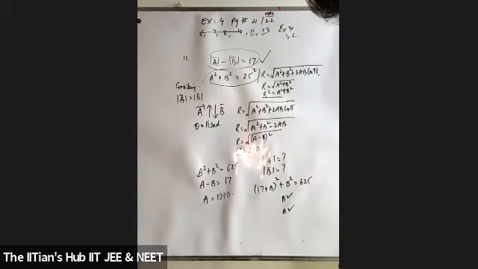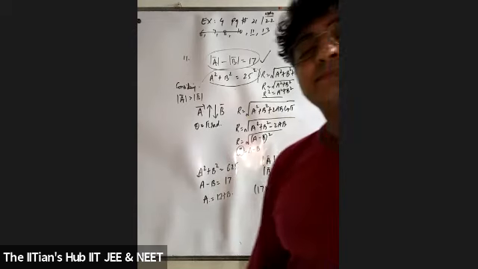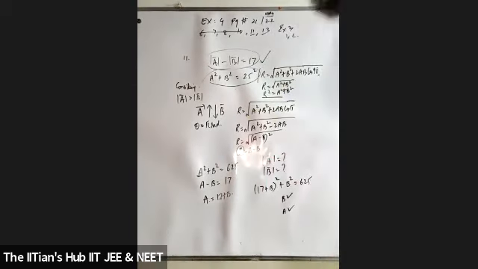Sir, we can go for A minus B, squaring both sides. A square plus B square minus 2AB would be 324. Then A square plus B square is known, so we will get the value of 2AB. Absolutely. Then we will substitute it, sir.